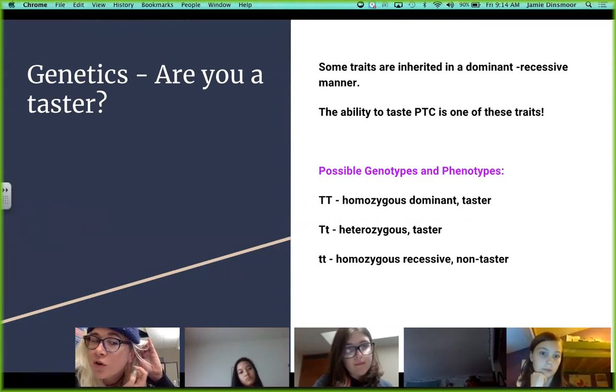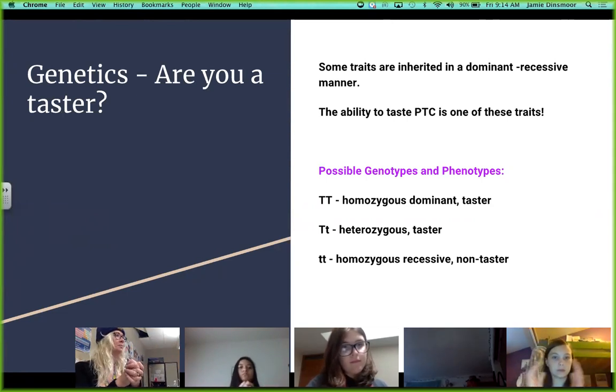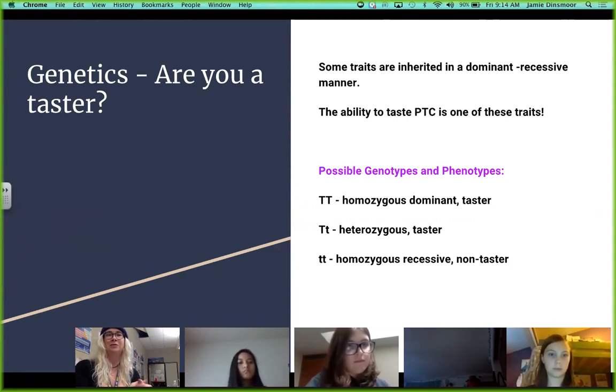That is a recessive trait. If your earlobes are detached, that's a dominant trait. Everybody take your hands, cross them on top of each other. Look at what thumb is on top. If your right thumb is on top, you're recessive. I'm recessive. If your left thumb is on top, that's a dominant trait.